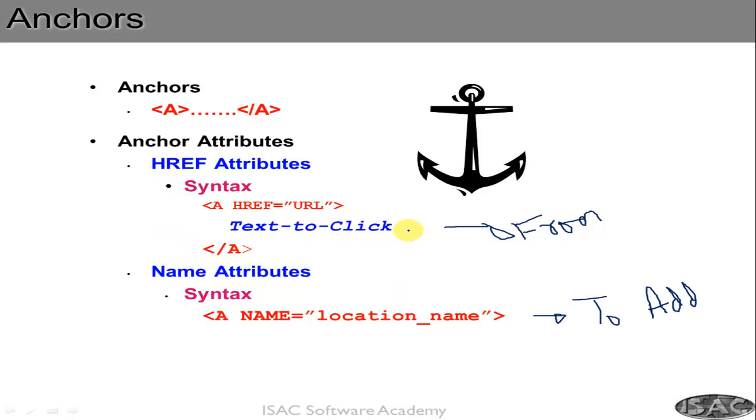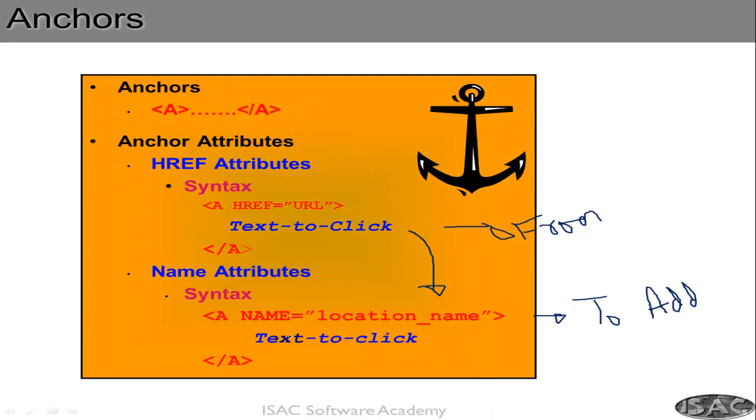So basically, when you click this text, you will reach here. This one is not the text to click, but the destination reached by clicking here. So that is an example of an anchor.